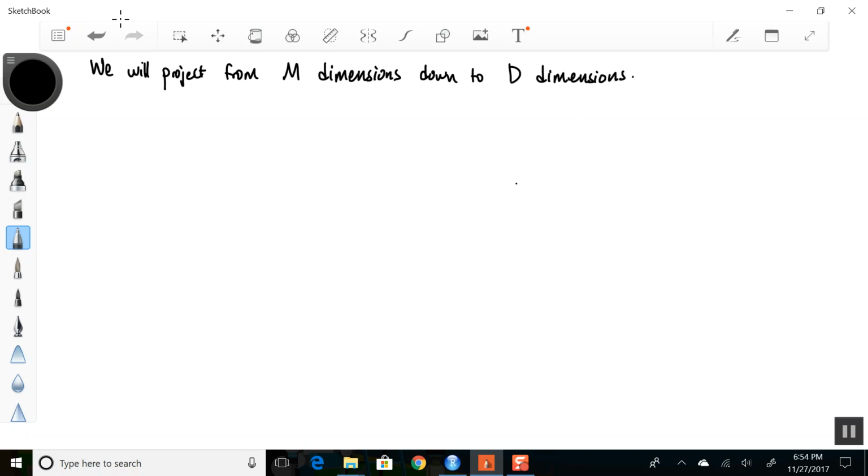Okay, and so PCA will define d vectors, which will be W_d, this vector, and each vector is m-dimensional.